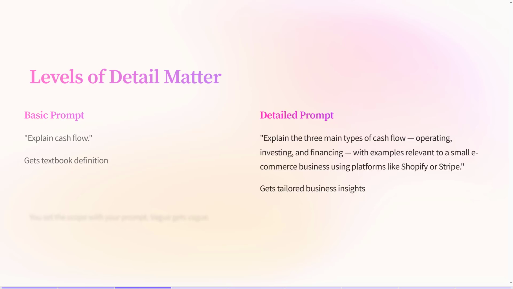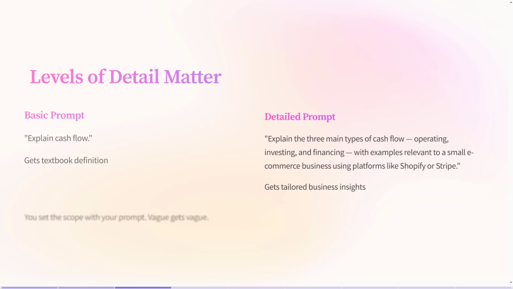Whereas if you were to say something along the lines of explain the 3 main types of cash flow, operating, investing and financing, with examples relevant to a small e-commerce business using platforms like Shopify or Stripe, you're going to get far more specific tailored business insights, which is particularly relevant if you are dealing with a small e-commerce client. So in a sense, you get the scope with your prompt. Vague gets vague, detailed gets detailed.